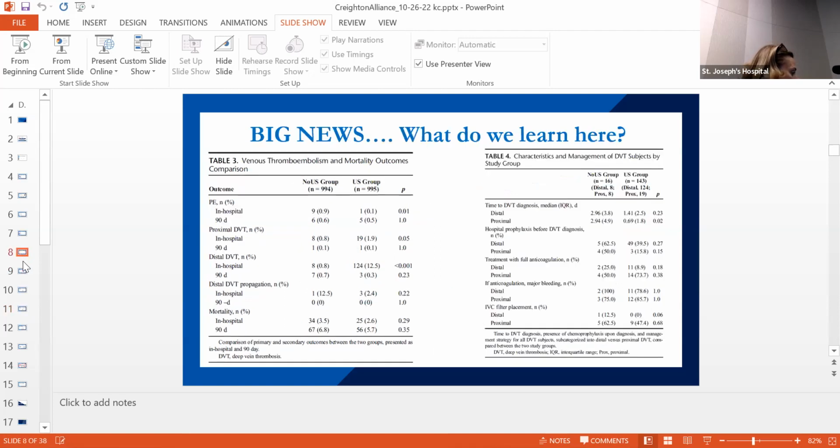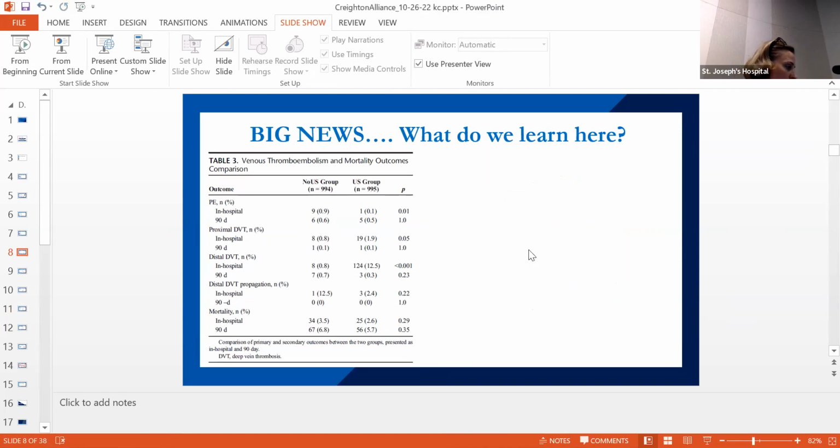Now, if I go back to table 3, is there a statistically significant difference between these groups? My threshold is less than 0.05, and that's my p-value.